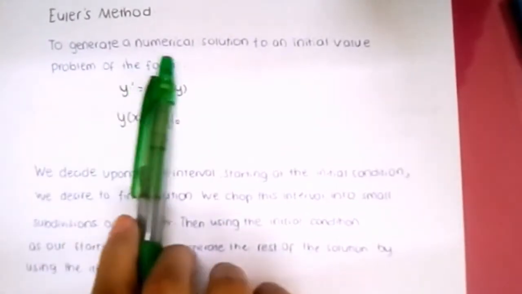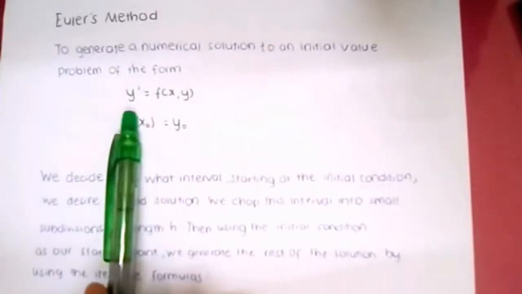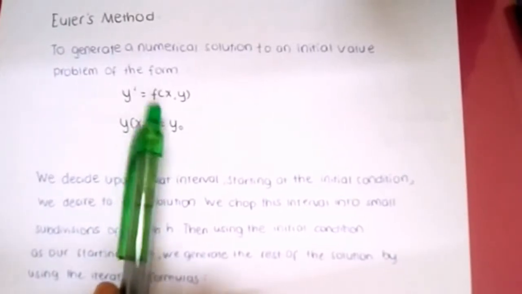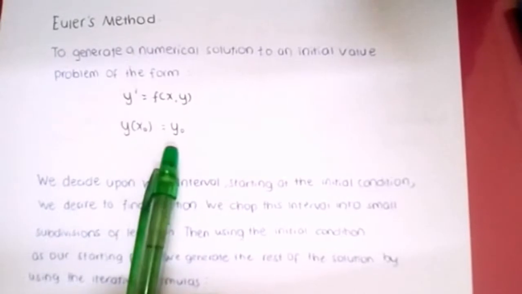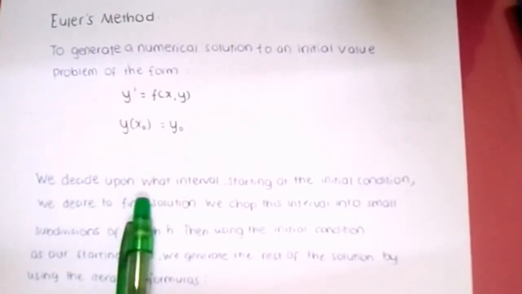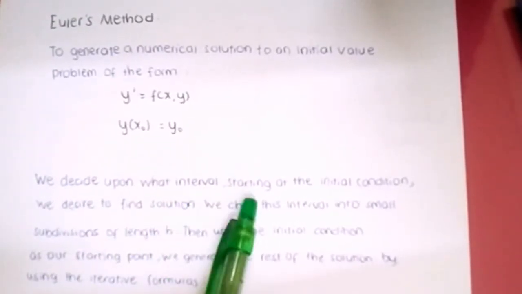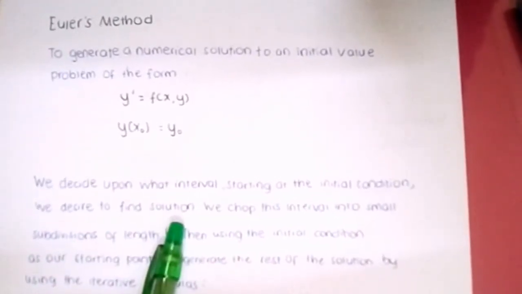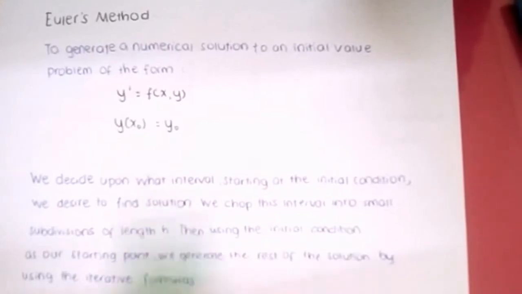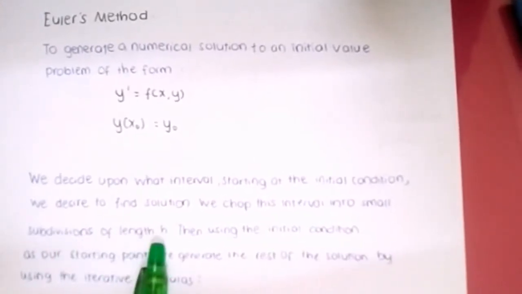To generate a numerical solution to an initial value problem of the form y prime equals f(x,y) and y(x0) equals y0, we decide upon what interval starting at the initial condition we desire to find the solution. We chop this interval into small subdivisions of length h.